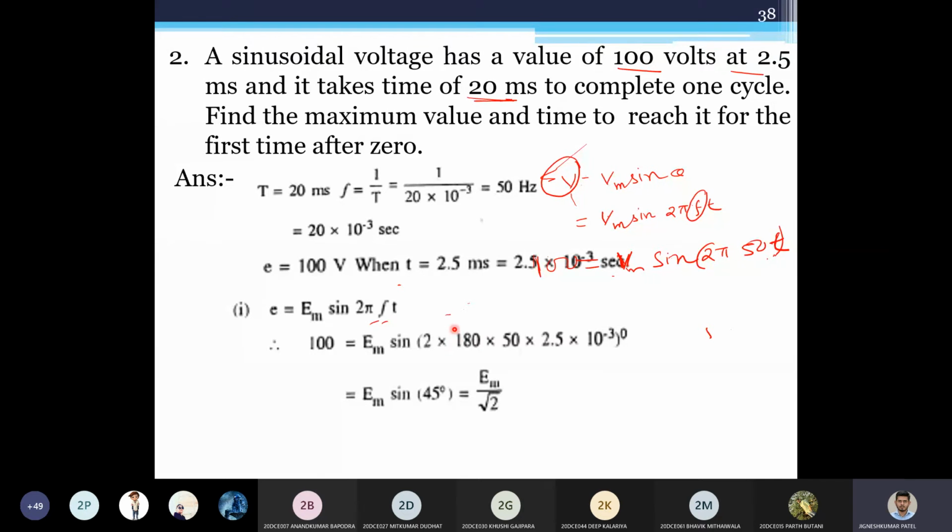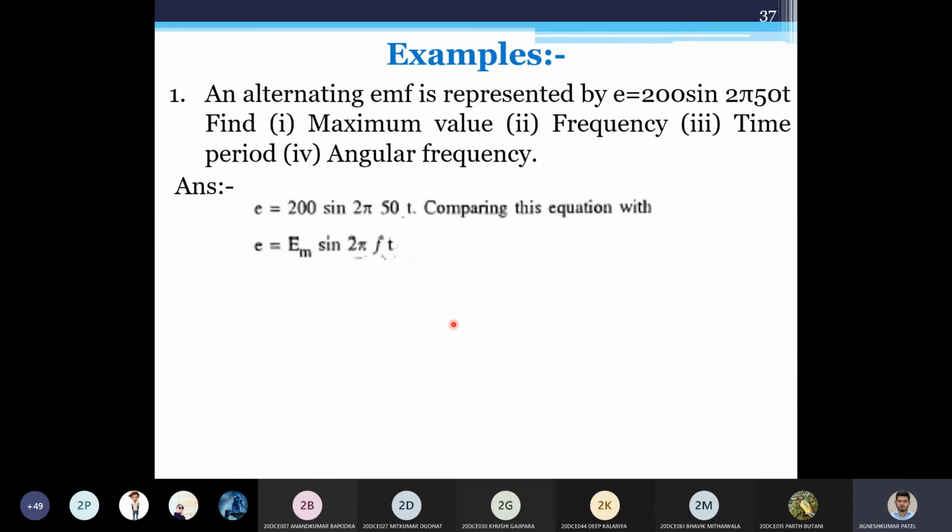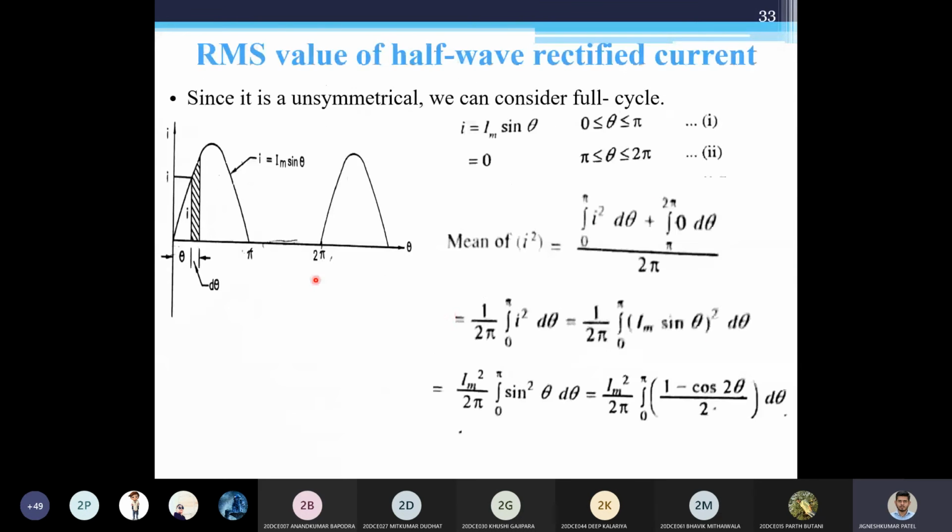Because we represent any sine wave using the terms 0 to pi, but actually this is 0 to 360. If you are taking radians, then you can take pi is equal to 3.14. But if you are taking degrees, you have to calculate in terms of degrees. So when you say 0 to pi, it is actually 0 to 180 degrees, and then 180 to 360. 2 pi will complete the cycle of 360.